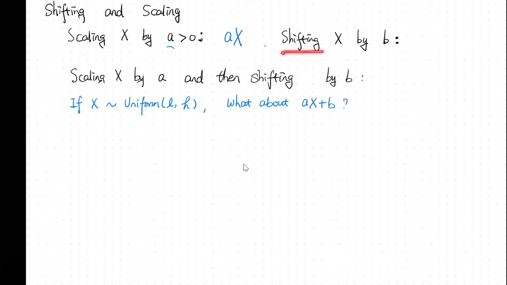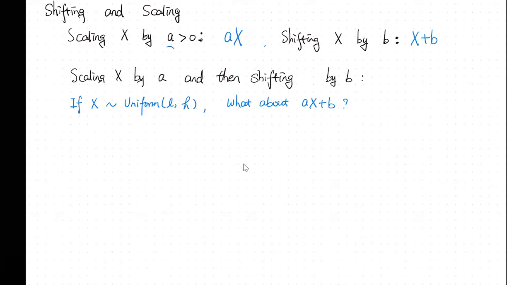Shifting x by b means adding b to x. So you obtain the random variable x plus b after shifting x by b.